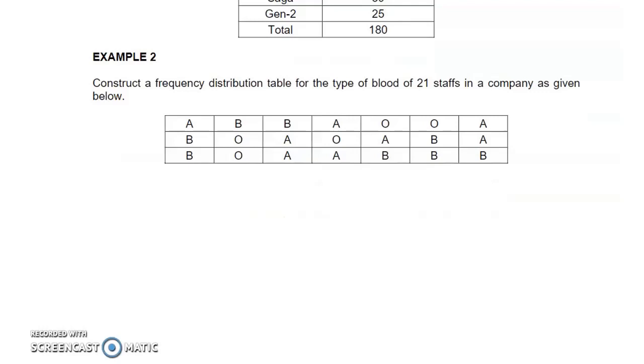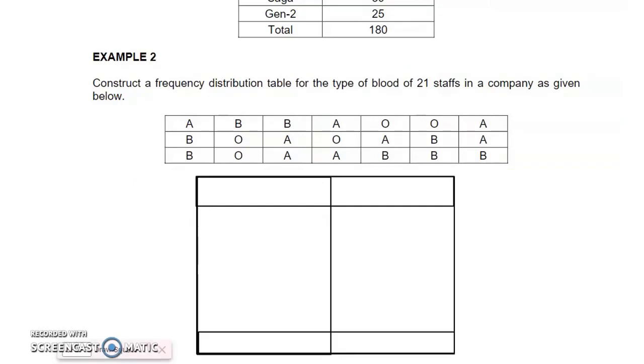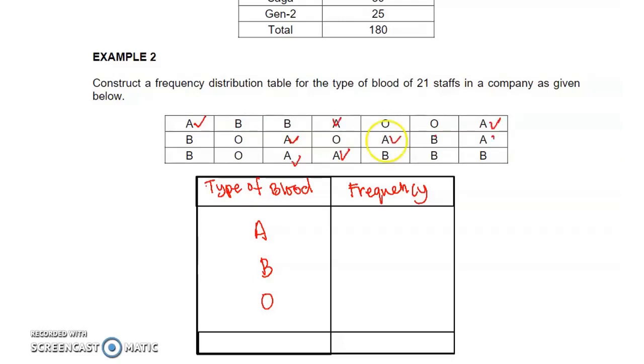Now let's look at how we can put this data into a frequency distribution table. First you draw the table. Here you put the variable, which is type of blood. This is the frequency. Type of blood, data values, we have A, B, O. Now calculate: A, 1, 2, 3, 4, 5, 6, 7, 8.